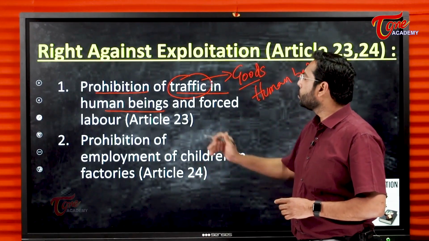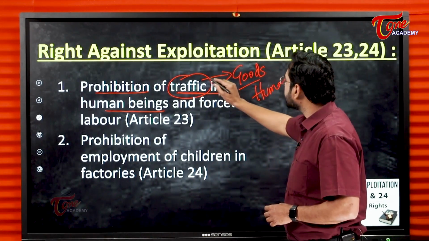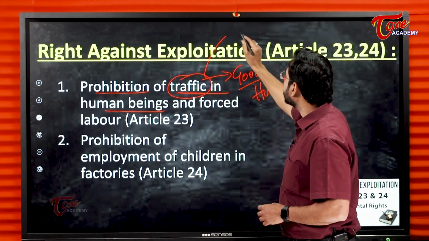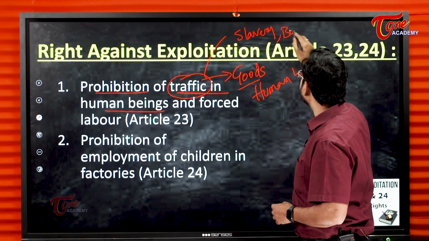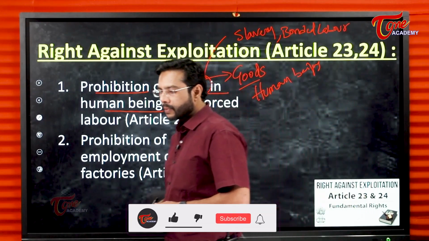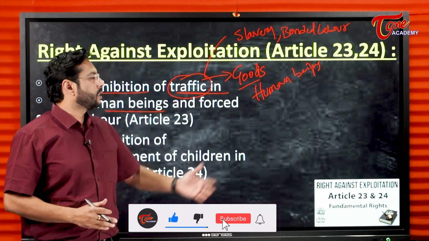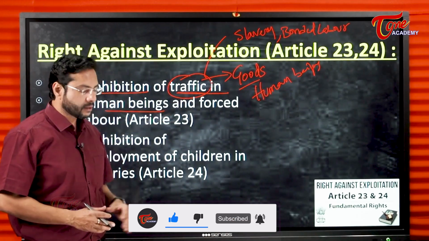So why do we use this word traffic? Because we have many such words: we have words like slavery, we have words like bonded labor, and other things, exploitation, etc. So we have chosen the word traffic in human beings.